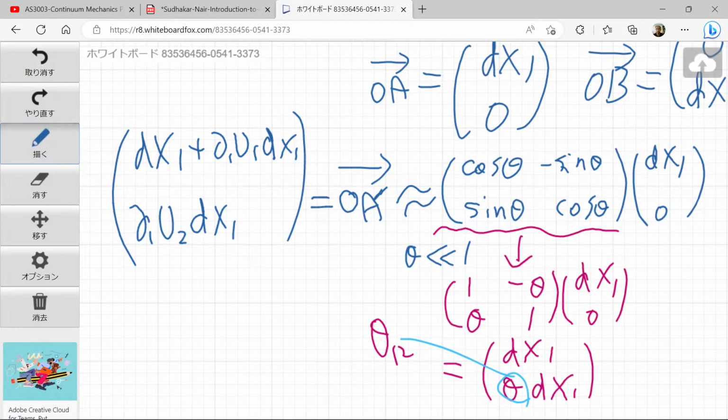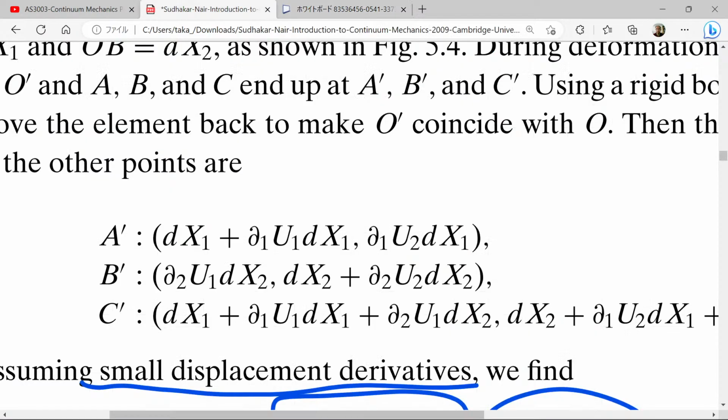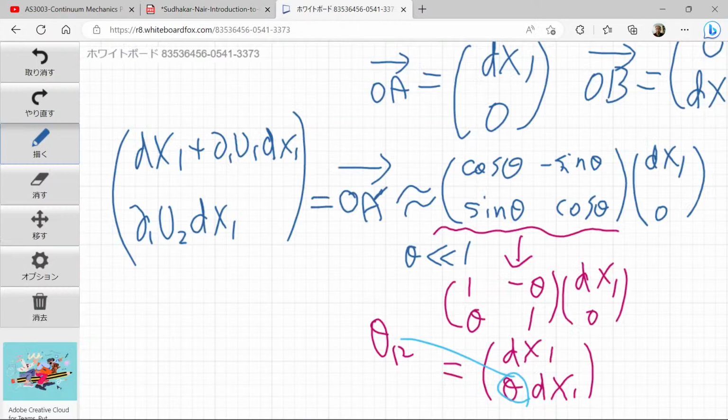Okay, easy. Partial 2, partial 1 partial 2 dx1. Okay, this way.